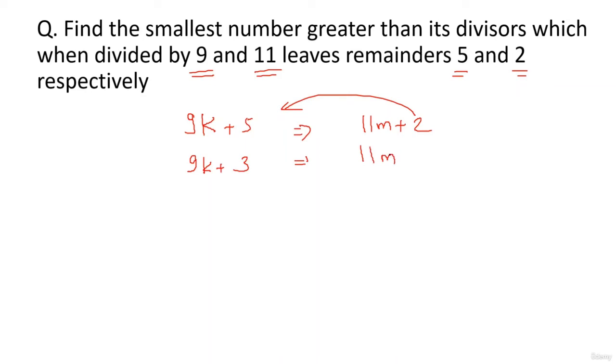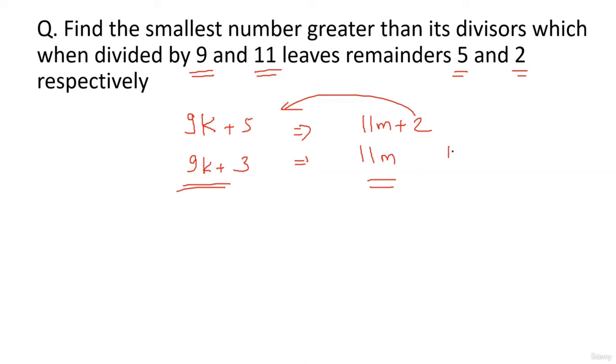Now finding suitable values of k and m, we will be able to find the requisite number. We have to basically find a number which is of the form 9k plus 3 and also a multiple of 11. So what you can simply do is try to find a multiple of 11 which is 3 more than a multiple of 9.